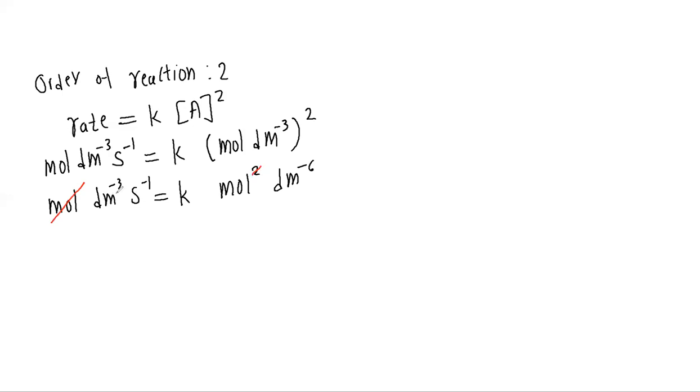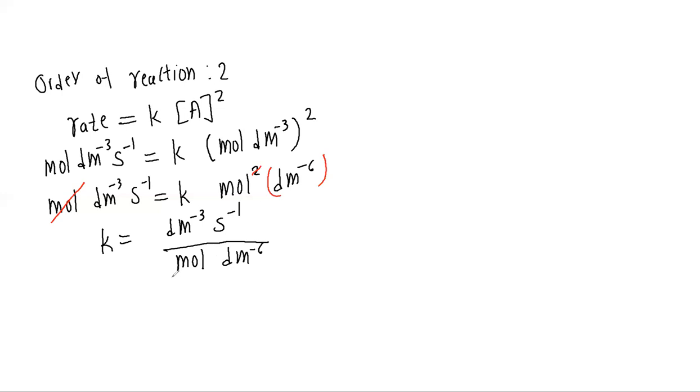If this comes here as a denominator, let's put it: K is equal to dm raised to minus 3 s raised to minus 1 divided by moles square and dm raised to minus 6.